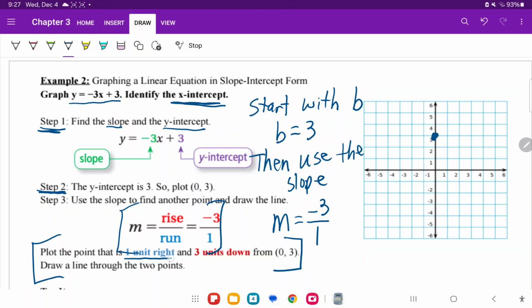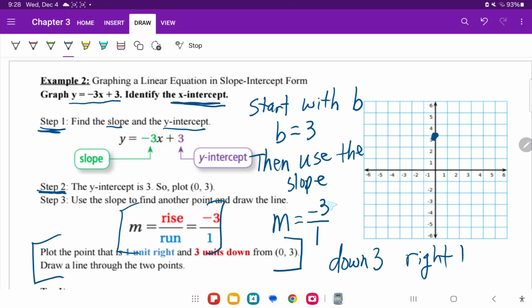And then they tell you exactly what to do right here. We're not going to follow that. So from where we put b, we're going to do the top first. So this means we're going to go down 3, and then right 1.